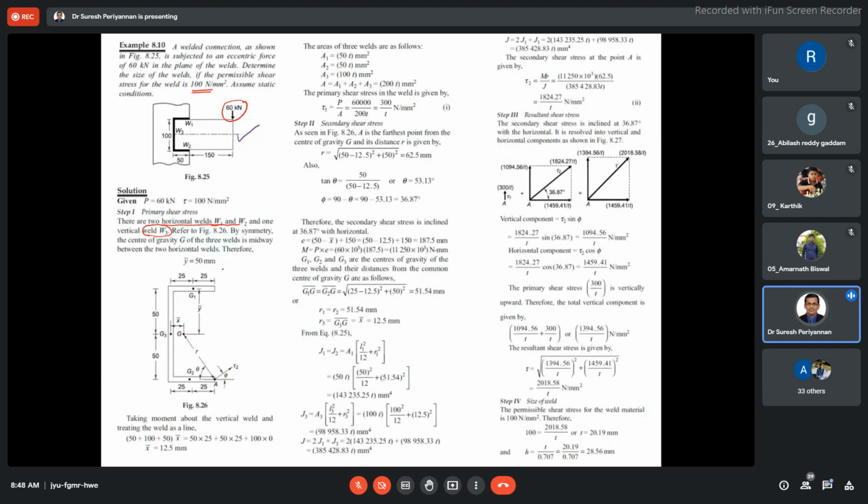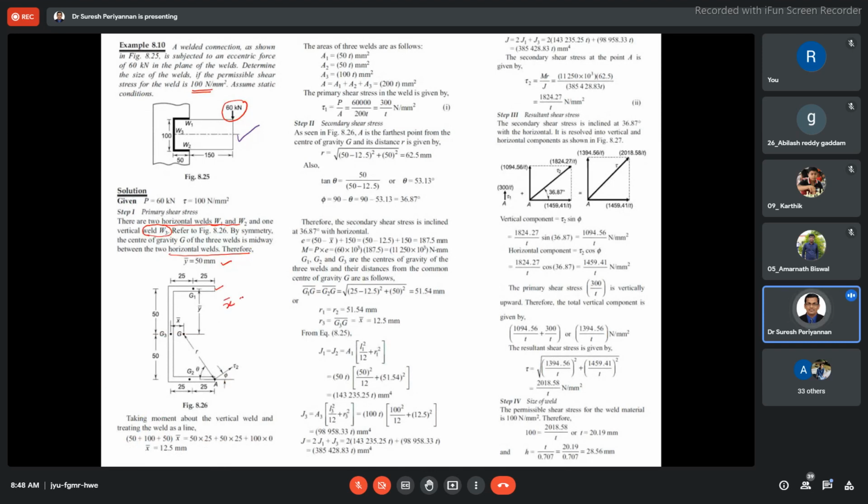Here, Y bar is 50, because both welds W1 and W2 are identical. Hence Y bar is 50. Simply we can evaluate Y bar as 50. Now how can I find X bar here? X bar is a little tricky in that sense. What is X bar here?